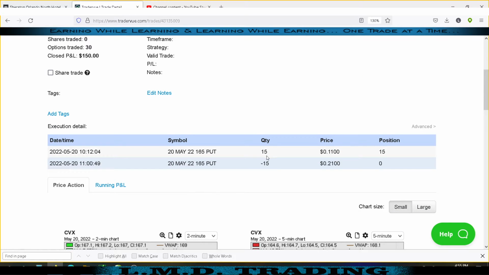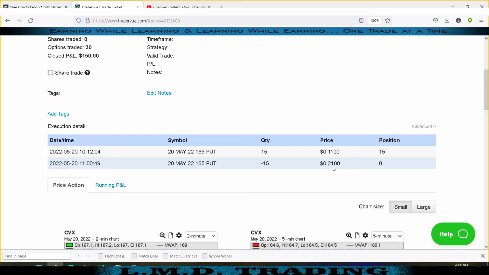We definitely took 15 puts. But look at what we paid for them. We paid 11 cents per contract. Multiply that by 100, we paid $11 per contract. Multiply that by 15, we paid $165 for this trade. We sold those 15 contracts for $21.